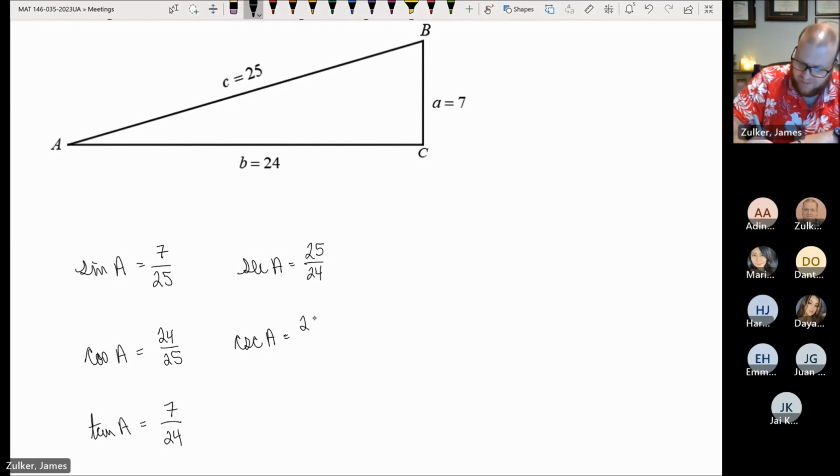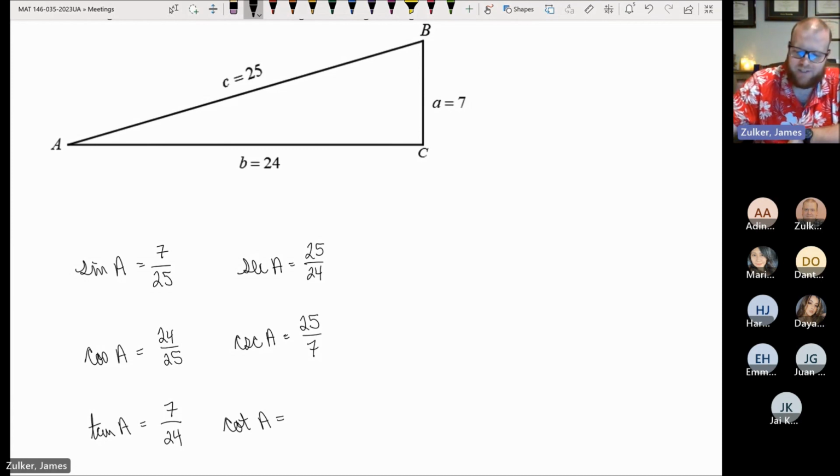Cosecant is hypotenuse over opposite. And cotangent, adjacent over opposite.